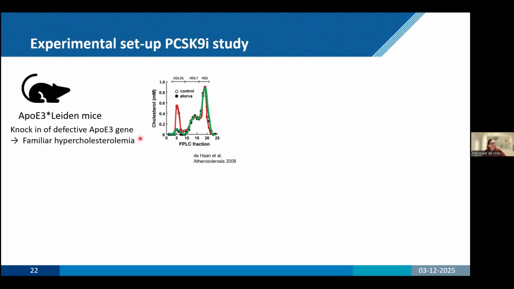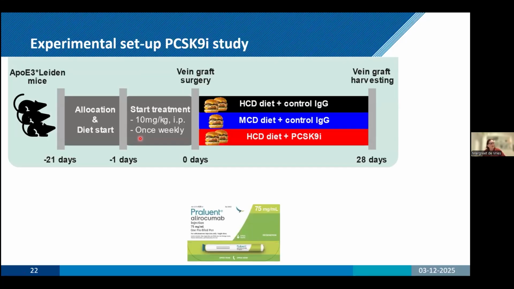So in our study, we did a comparable strategy, but instead of statins, we used alirocumab, a PCSK9 inhibitor. To control for the cholesterol lowering effects and the PCSK9 cholesterol independent effects, we had the following study setup. So we had 3 study groups where we fed one group of mice a high-fat cholesterol diet, and we gave them control antibodies, as alirocumab is an antibody treatment.